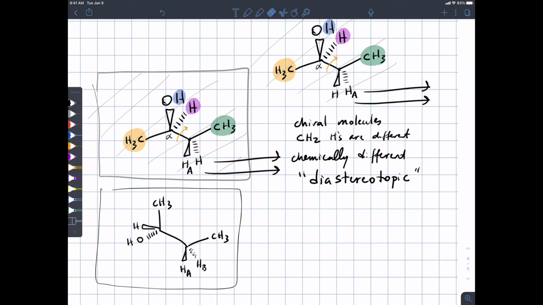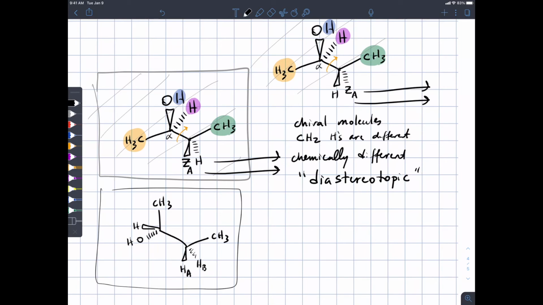Maybe to make it clearer, let's imagine we replace proton A with some group in our heads just to determine whether it's in a same or different environment. If we do that, those two options are diastereomers. So protons that are not interchangeable by a symmetry operation are different. That means plane of symmetry or rotation. And then CH2 groups in chiral molecules are different from each other.